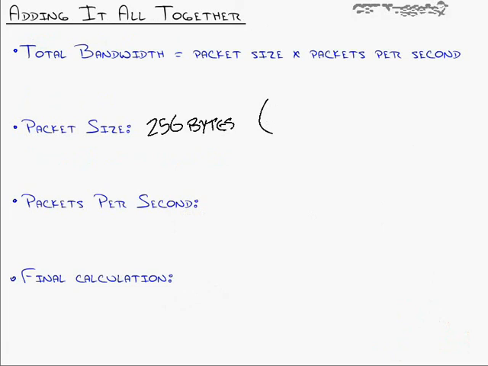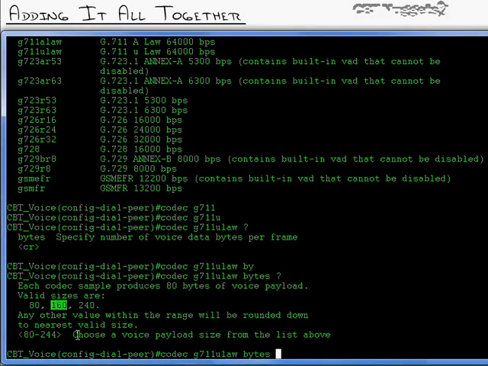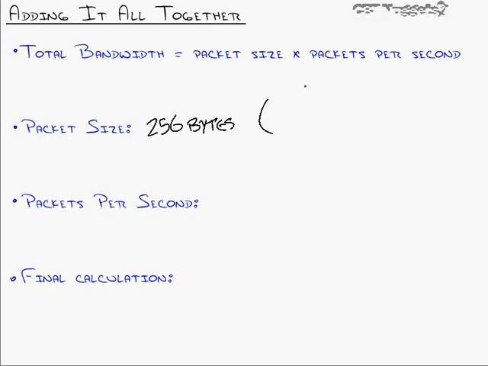The router told us the sample size is 160 bytes for the audio. We took 160 bytes plus the 40 for the IP, UDP, and RTP headers, plus the 6 for the PPP headers going across our WAN link, plus the 50 for the VPN headers, since we're running an encrypted connection, and that gave us our packet size of 256 bytes.